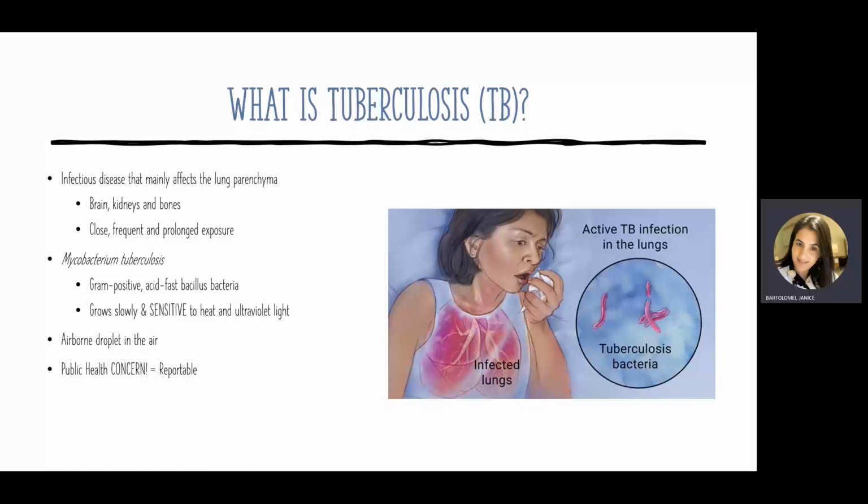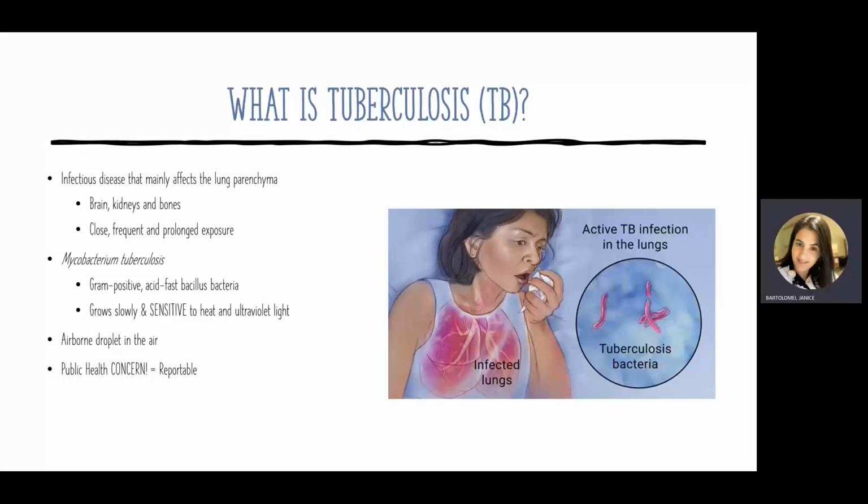Let's see, who is at risk for tuberculosis? Mainly people that are homeless or have a very immunocompromised immune system, people from other countries that may be underdeveloped or around poverty, or IV drug users.